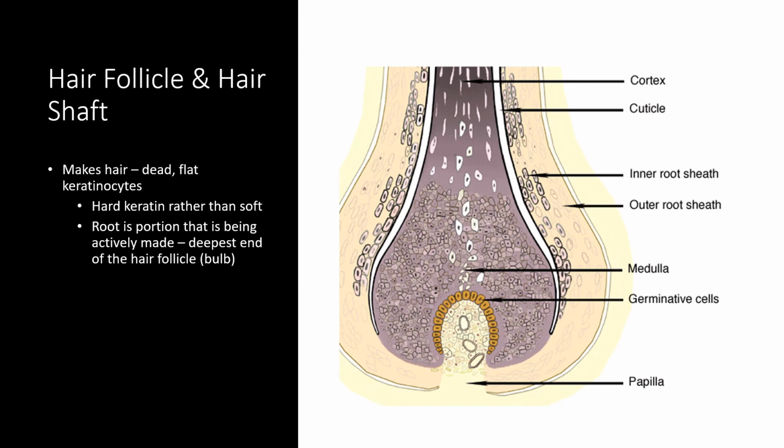So here's another diagram of this. Your hair again is made up of dead flat keratinocytes. It is modified. It's very similar to the ones on the surface of your skin, but it is a little different. It's called hard keratin rather than soft, and it has to do with the molecular arrangement of the keratin a little bit and just how densely it gets packed down. The root down here is the portion that's being actively made.